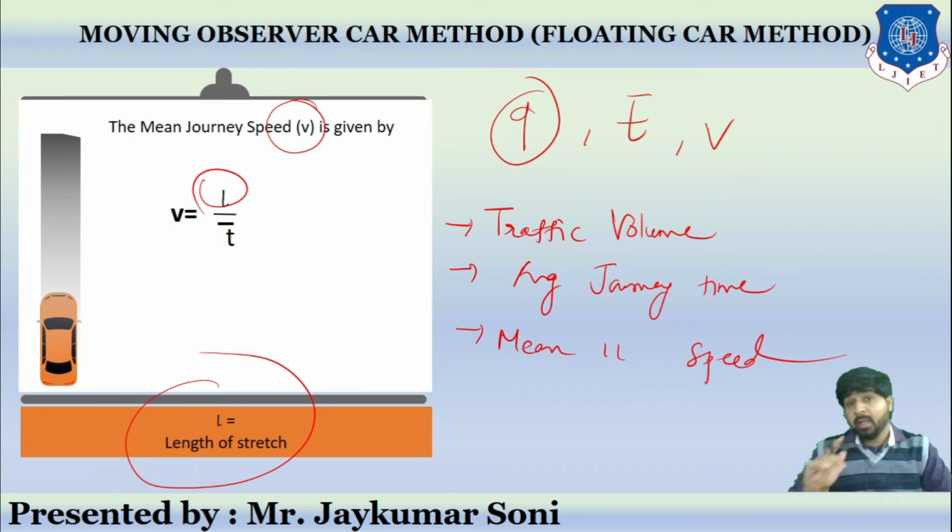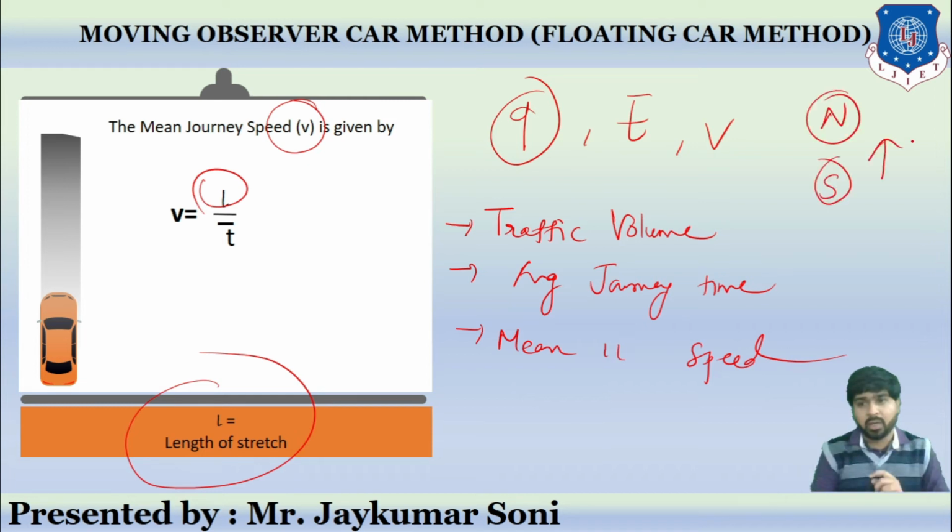But always remember that whenever we are traveling on the road, north, east, south and west, not all four directions will be covered. Only two directions will be covered, northbound or southbound. Either it will be this direction or this direction.